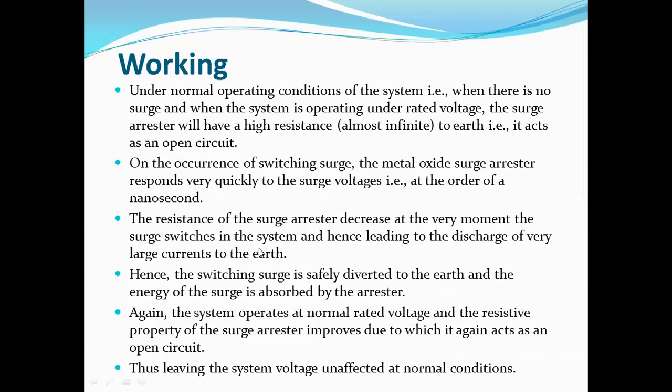That increase in the voltage will be safely diverted towards the earth. That is, the energy of the surge is absorbed by that arrestor.